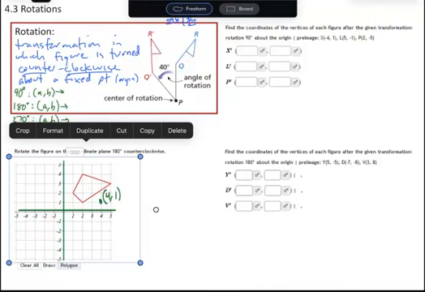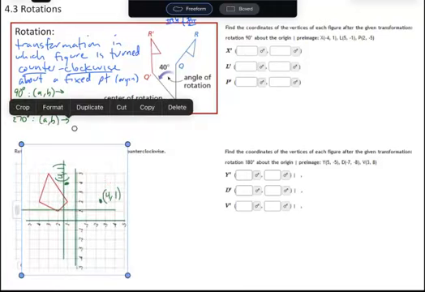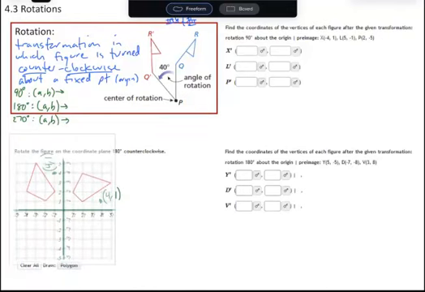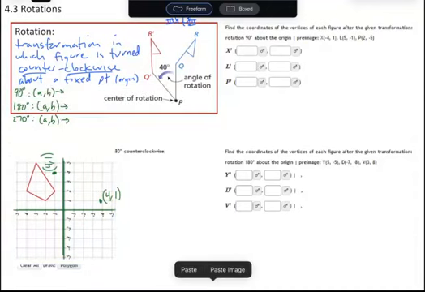If we take this point 4, 1 and rotate it 90 degrees counterclockwise, and then map that onto itself, notice where this point is now located. What's the x-coordinate of this point? -1, and what's the y-coordinate? 4. Do you see that you don't have to memorize this rule if you can recreate it the same way I just showed you?